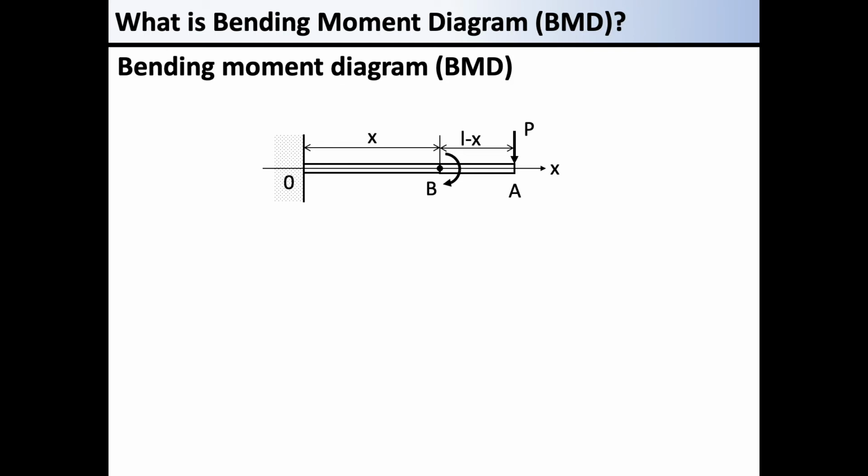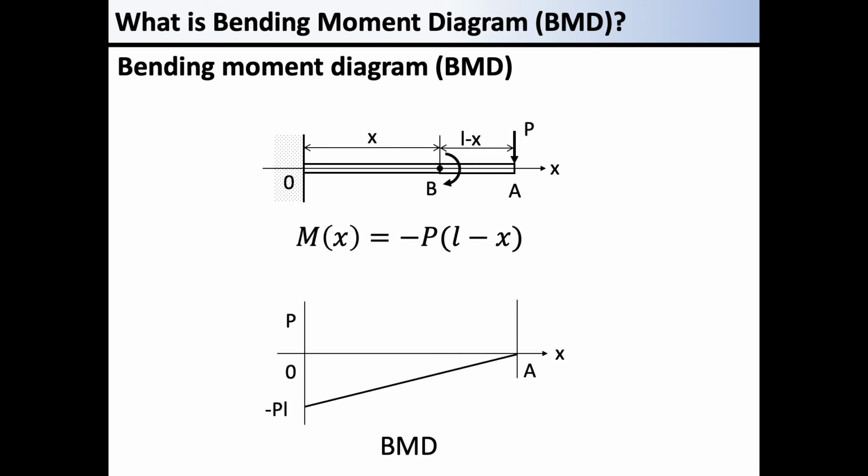Now, point B is defined as a point on the x-axis. As x changes from 0 to L, the bending moment is given by the same equation at all locations. So, the bending moment that occurs in this beam can be expressed by this equation.